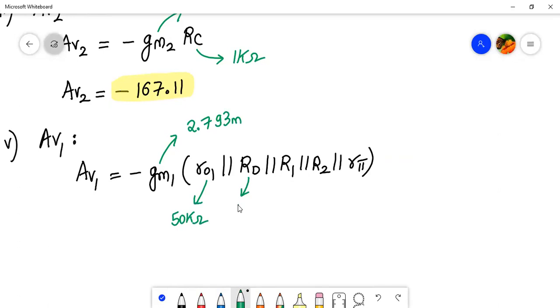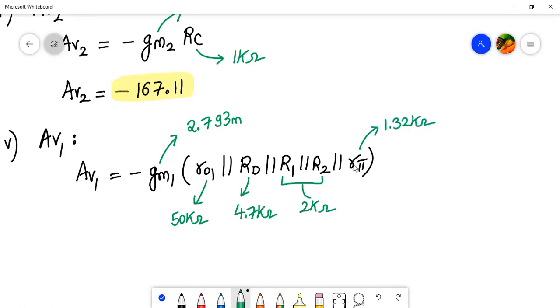RD value is 4.7 kilo ohm. R1 and R2 we have calculated before, so R1 parallel to R2 is 2 kilo ohm, correct? And the value of R pi is coming out to be 1.32 kilo ohm.